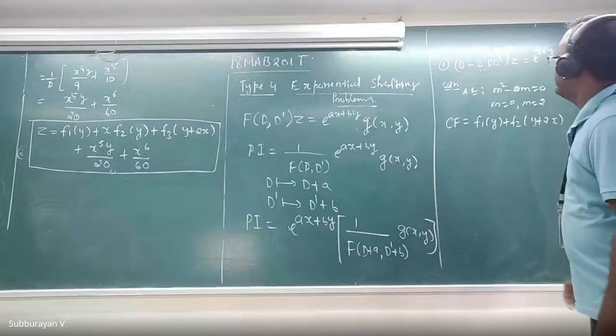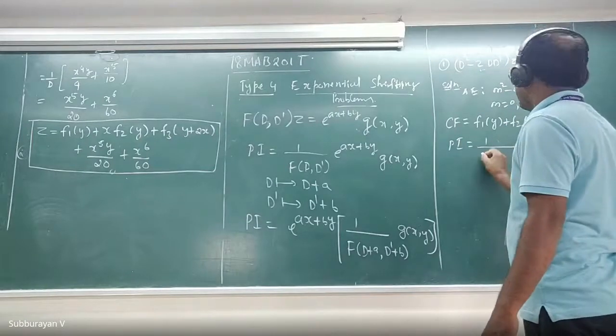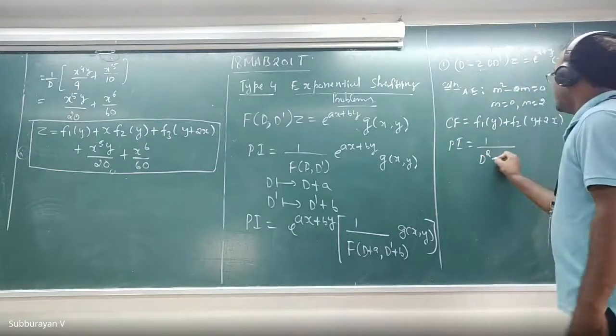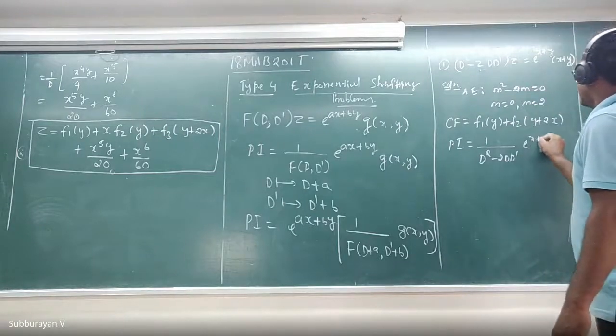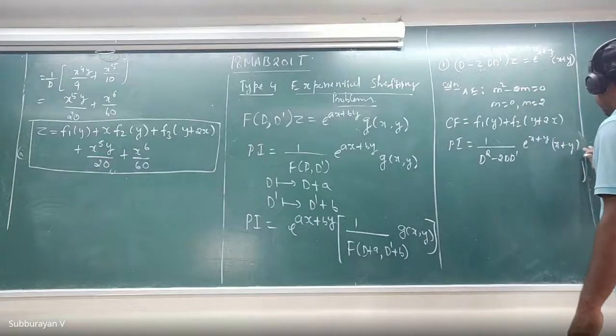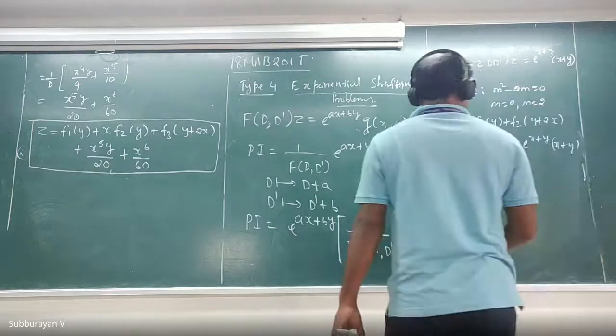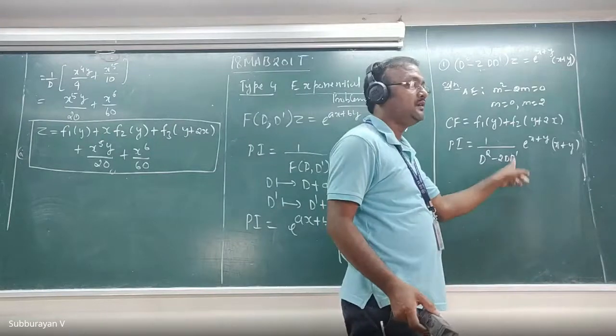And then our PI, which is 1 divided by D square minus 2D prime into e power x plus y into x plus y. Now we have to shift the operator from D to D plus 1 and D dash to D dash plus 1.